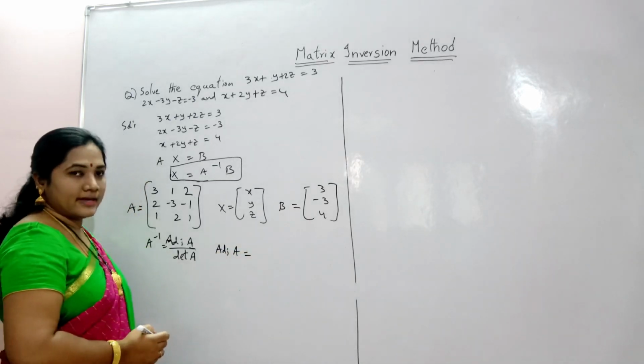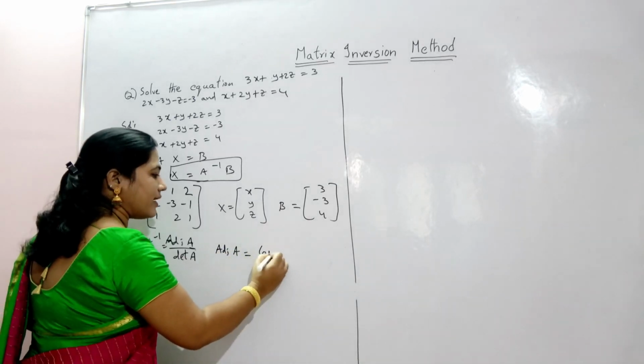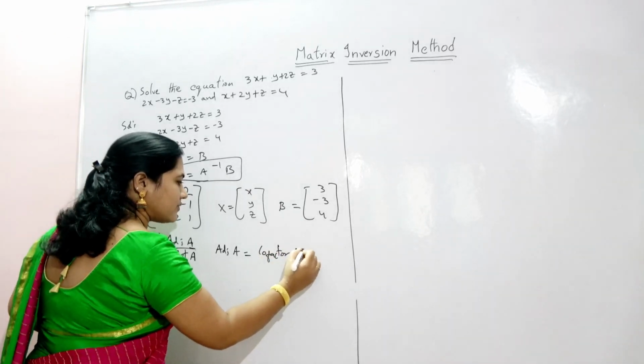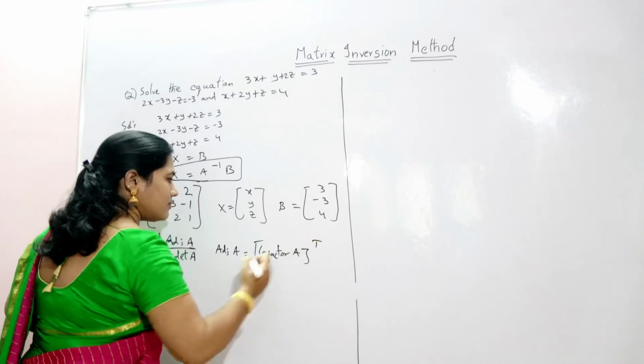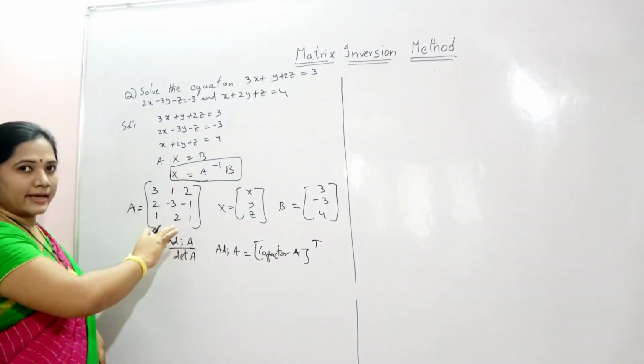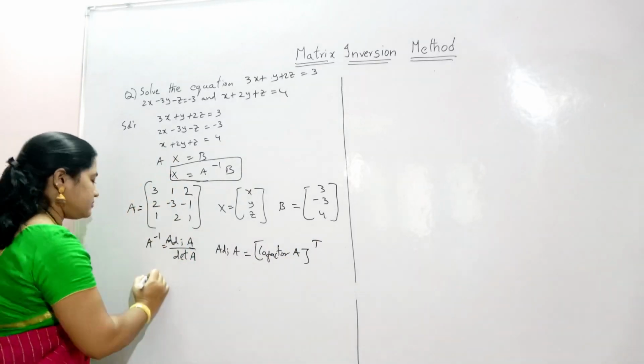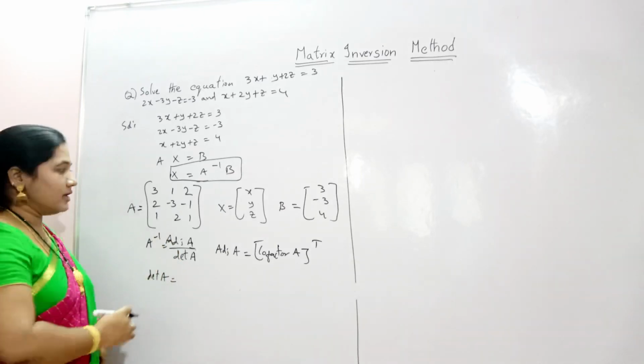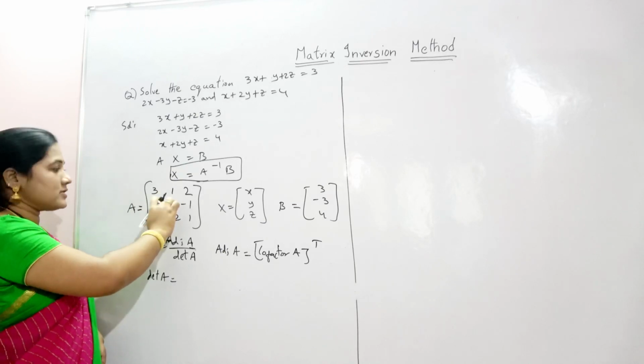the adjoint of matrix A is the transpose of the cofactor matrix of A, and the determinant of the matrix A can be found by the sum of the products of the first row with their corresponding cofactors.